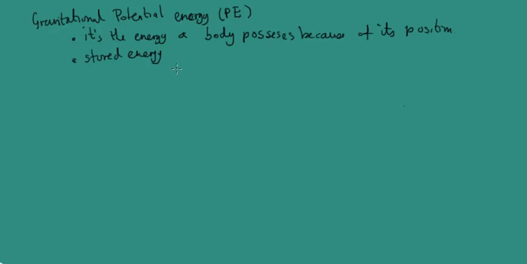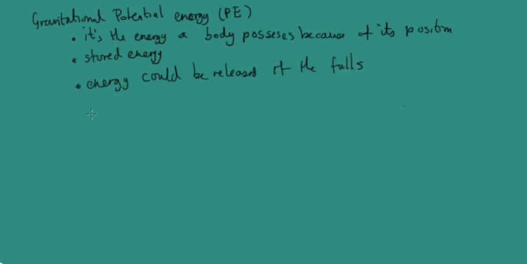Also, a rubber band that's stretched has potential energy, but in mechanics we're thinking specifically about gravitational potential energy. It's the energy that could be released if the body falls.